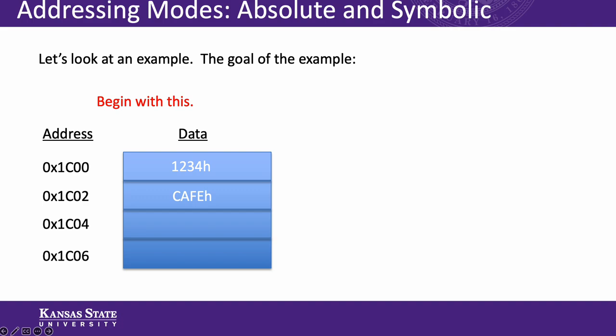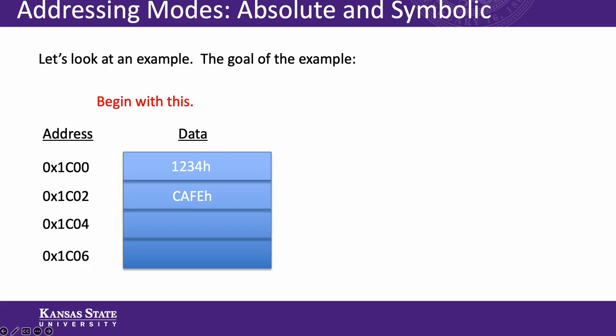Okay, our example. Let's say the goal of this example is that we want to begin with some data in memory. There's our address, right? The addresses start at 1C00. We want to start with, let's just throw some data in there, 1234 in hex. And also the next even address, 1C02, let's throw some data in there, CAFE, C-A-F-E.